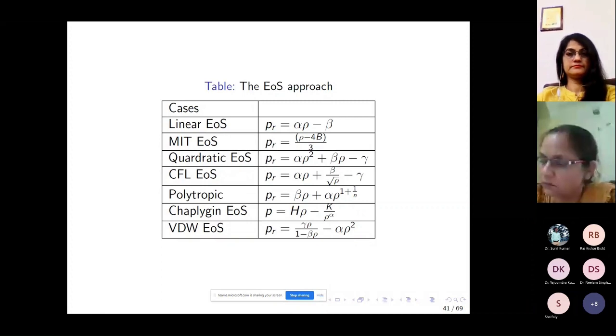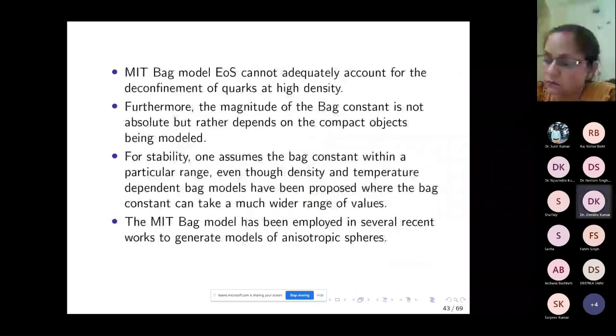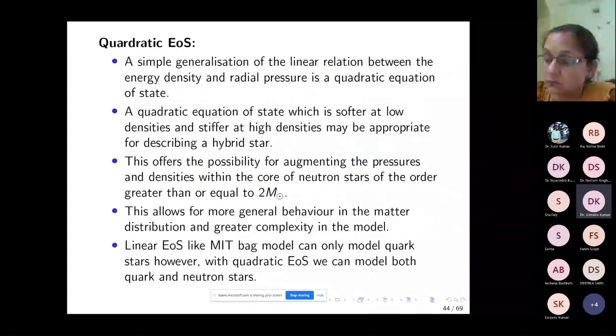Many authors again use this equation of state, that is Dey et al., and in 2018 Kaumudi Raj and Sharma also used this MIT bag model. Goswami, Maurya, myself also used this equation of state. And then we have the quadratic equation of state, that is lambda PR equal to lambda rho square plus beta rho minus gamma.